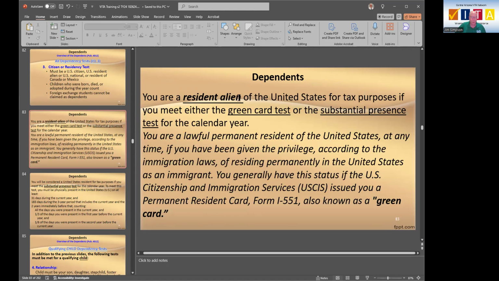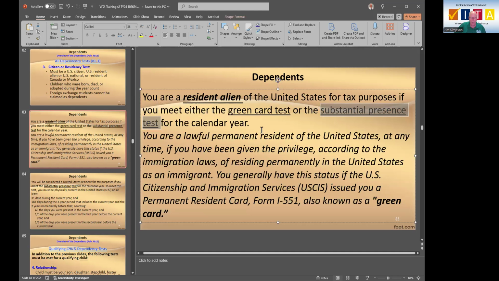I already said that a resident alien is one that meets the green card test, but there's another test. It starts to get pretty complicated, and there is a chart that you can use in your 4012. It's tab L, that will help you determine whether they're treated as a non-resident alien or a resident alien if they met the substantial presence test.